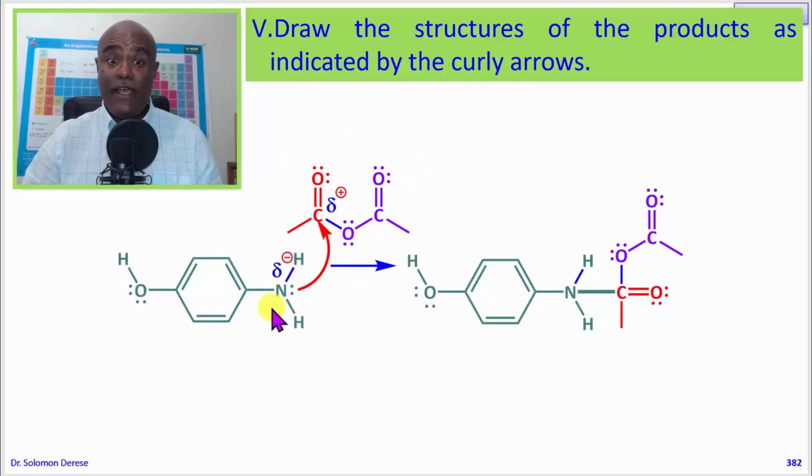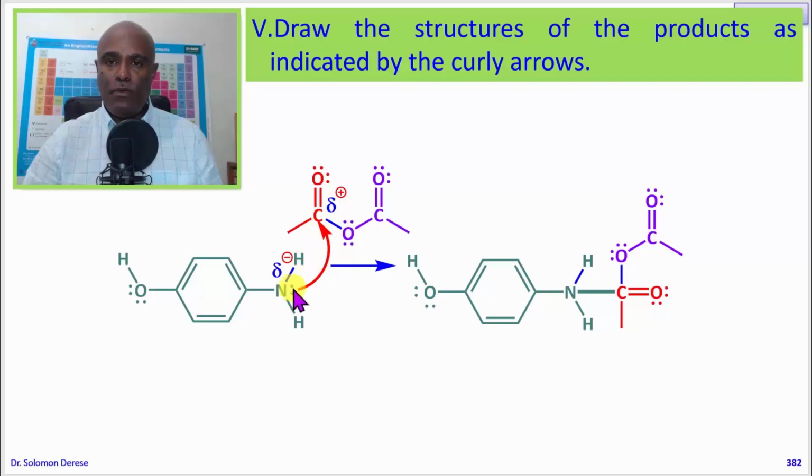The nucleophilic center on 4-aminophenol is the nitrogen, and the electrophilic center on acetic anhydride is the carbonyl carbon. Since the nitrogen is a nucleophile and the carbonyl carbon is an electrophile, there is a Coulombic force of attraction between them so that they come to a bonding distance.